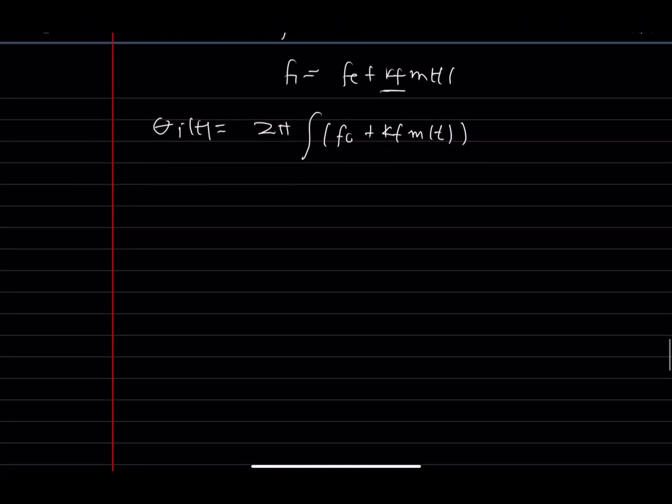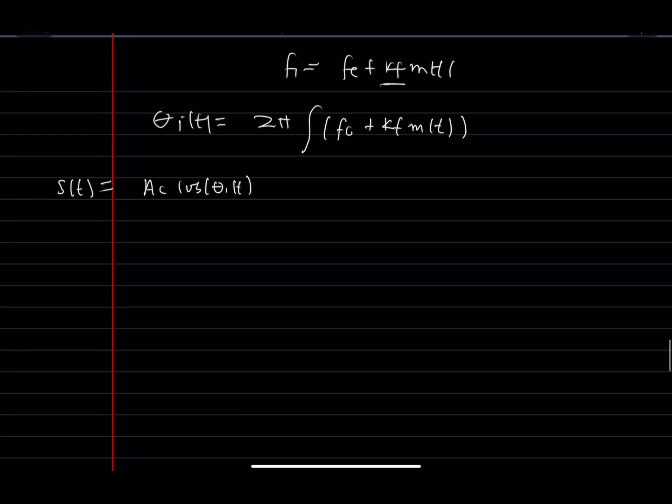So substituting this into this standard equation A_C cos θ_i(t), I can say that this one can be written as s(t) = A_C cos[2π∫f_c dt + 2π k_f ∫m(t) dt].